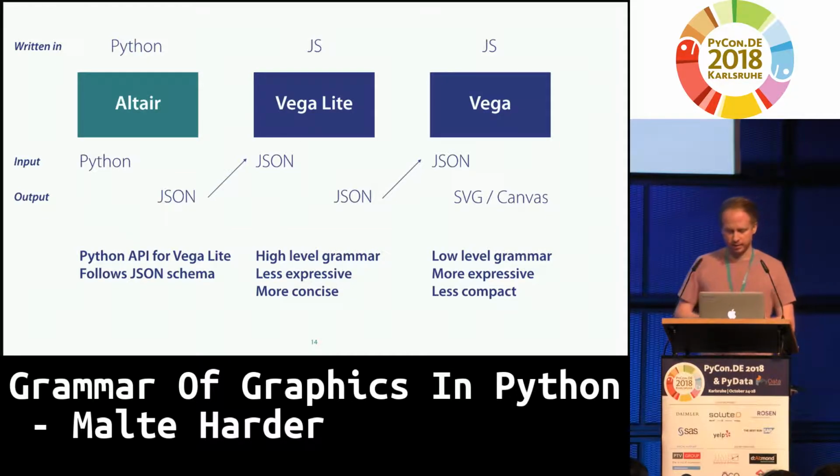Vega, on the other hand, is low level and more expressive. You can use that if you reach real hard boundaries, or if you want to include these plots in your own web service or add some interactivity. You can stream data to it. I won't touch that, but it's nice to know how this works together.